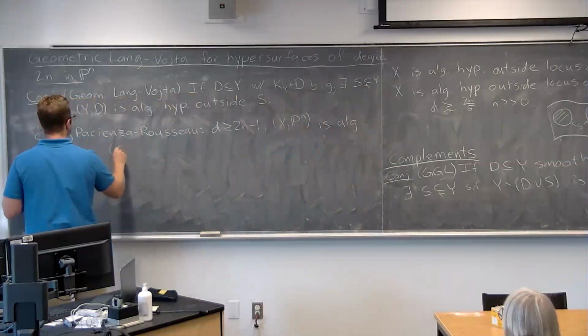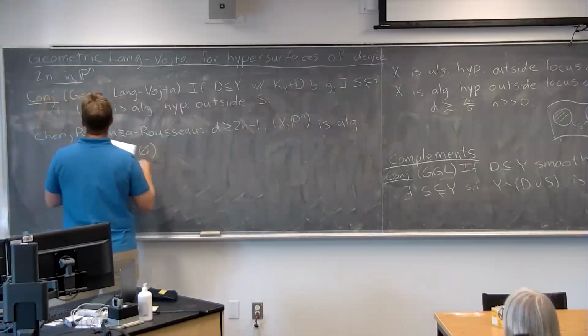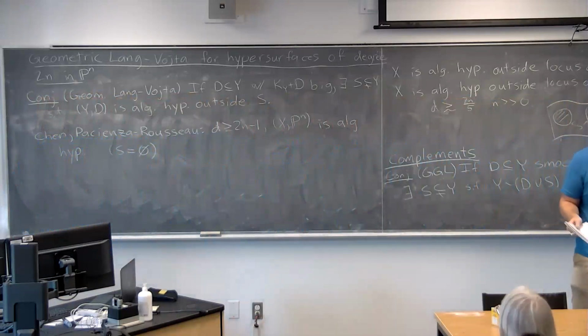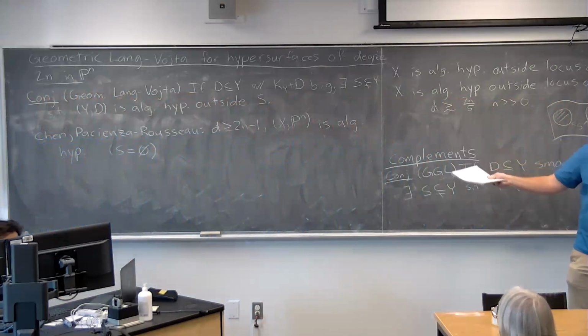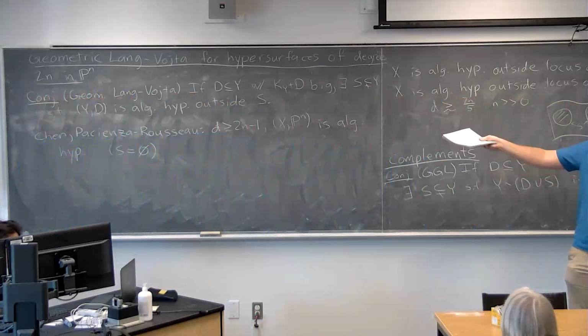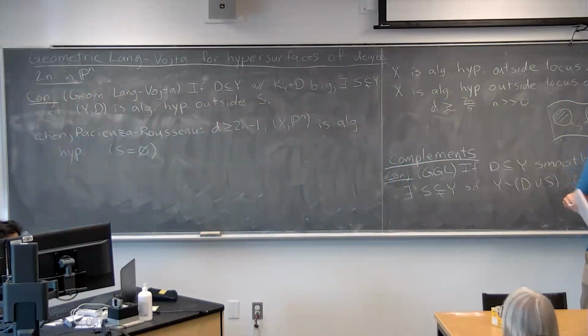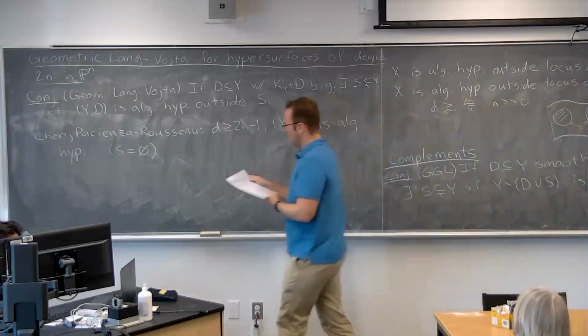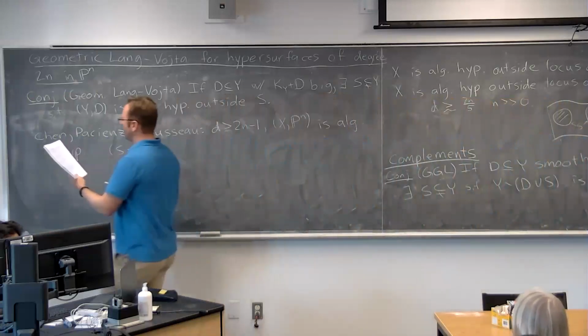And so here they're proving geometric Lang-Vojta, and they're also proving that this exceptional set S is empty. So this is the analog of the hypersurfaces case. In some sense, this is complements of hypersurfaces, and the result is better. It's exactly known when the complement is algebraically hyperbolic, by this result. Right, so Zaidenberg.